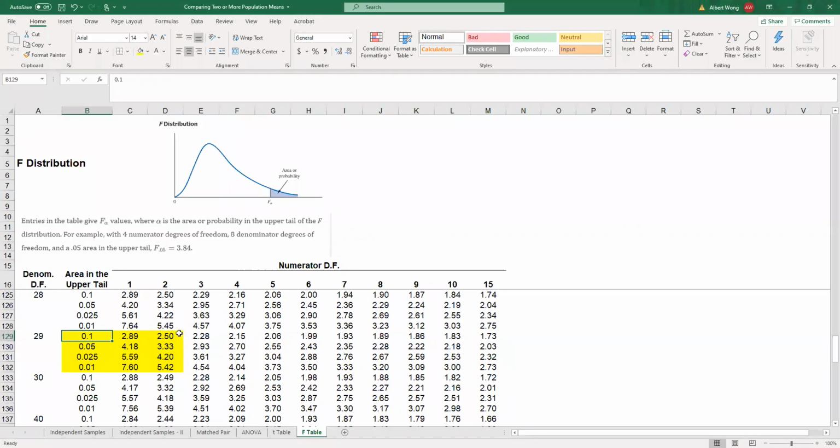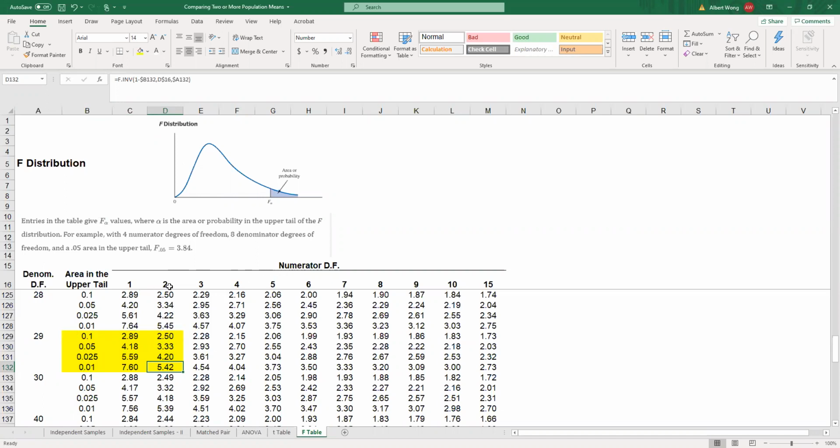So if alpha is equal to 0.05, the critical value is 3.33. If alpha is equal to 0.1, the critical value is 2.5. If alpha is equal to 0.01, the critical value is 5.42. So this is how you find the critical value.